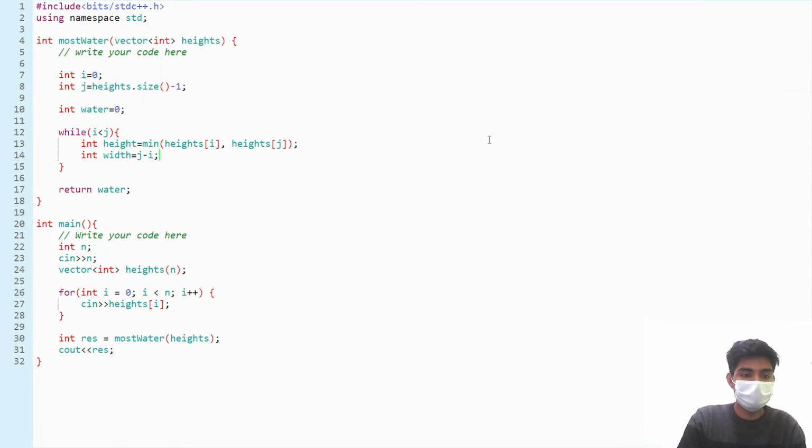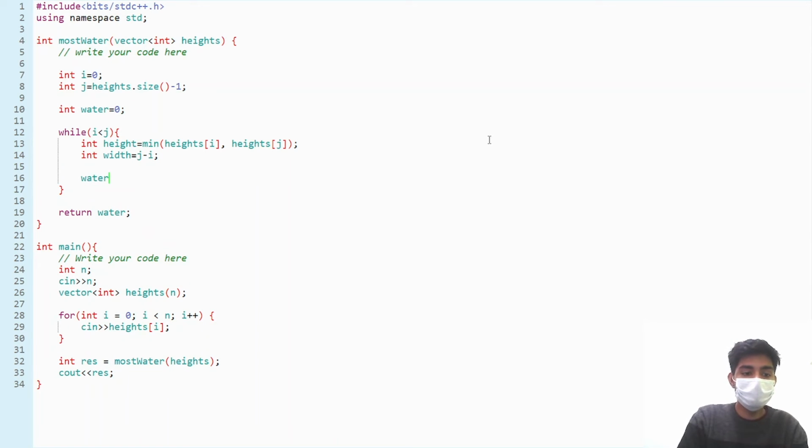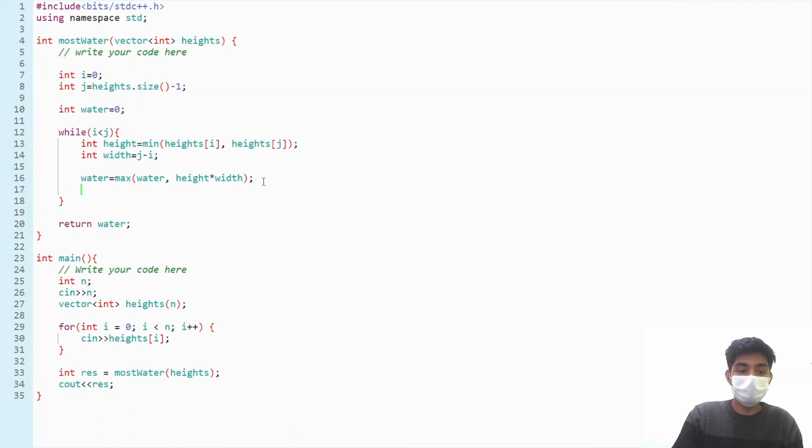Width is going to be j minus I. And water will be the maximum value between the old water and the new water, so height times width. This water will update only when my height times width, the new water, is greater than my old water.